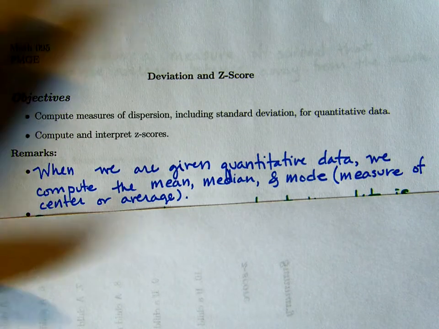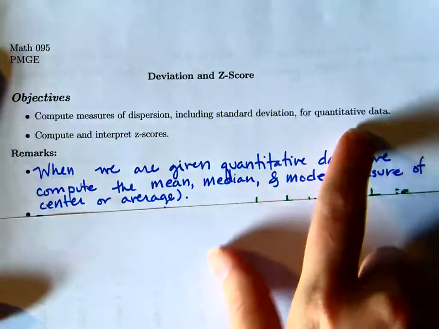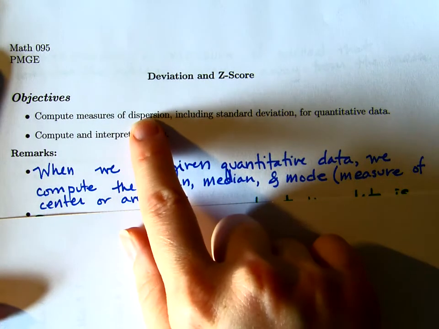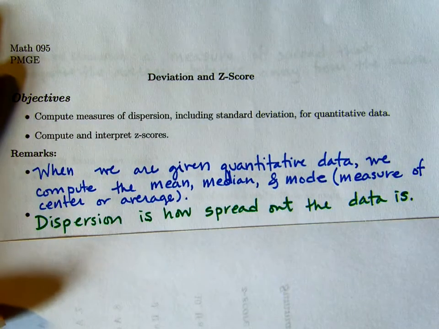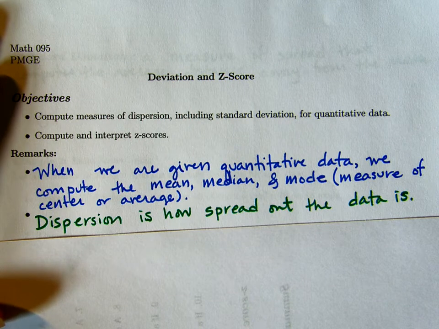Okay, my second remark is about this word. So quantitative means numerical measurements, and dispersion to me means how spread out. If I think about people dispersing, I think about them running away in all different directions.